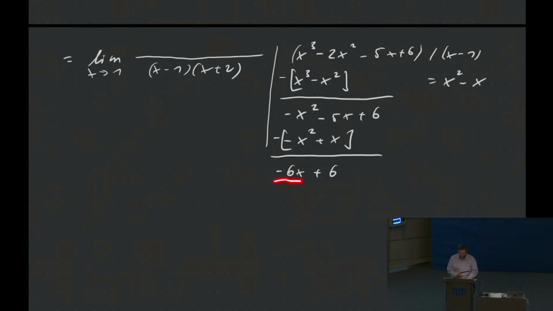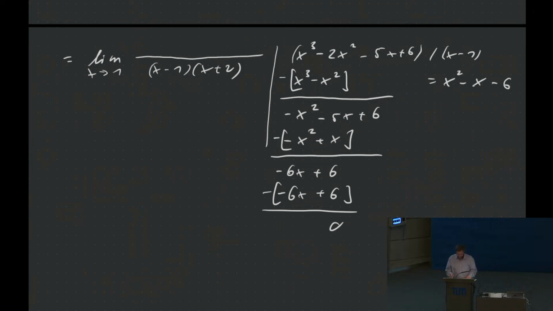And to produce a minus 6x, we need to have minus 6 here, right? Minus 6 times x is minus 6x. So we get minus 6x and also plus 6. And if we subtract that, we'll finally get 0 here, right?